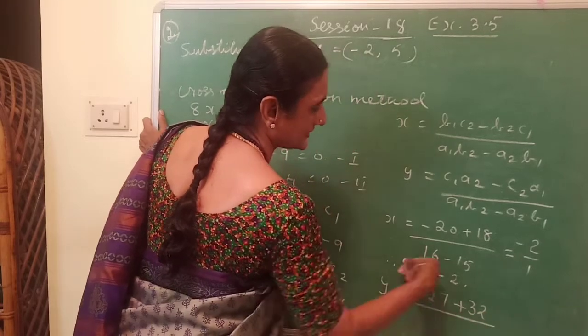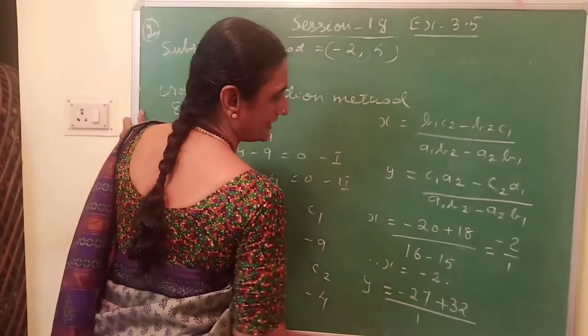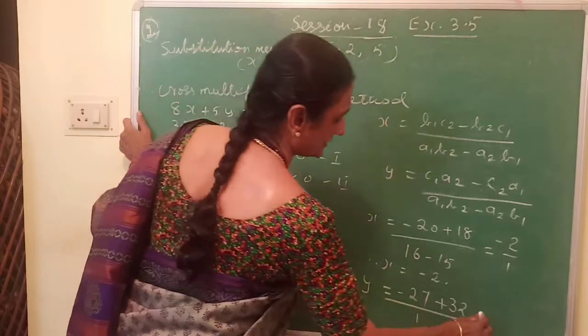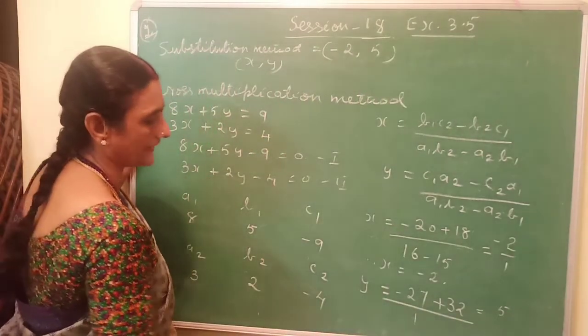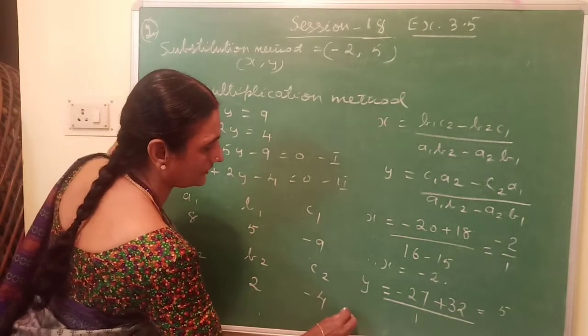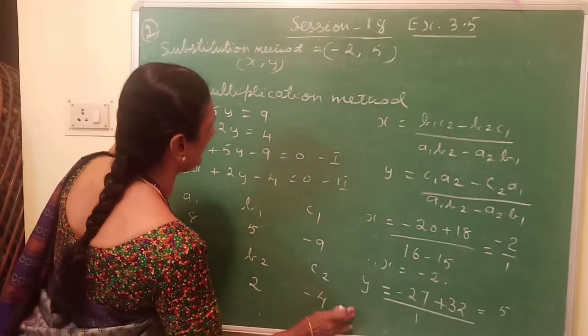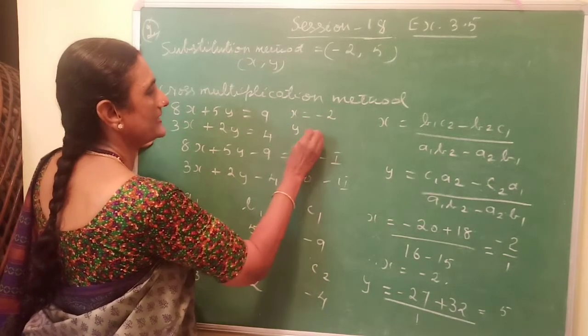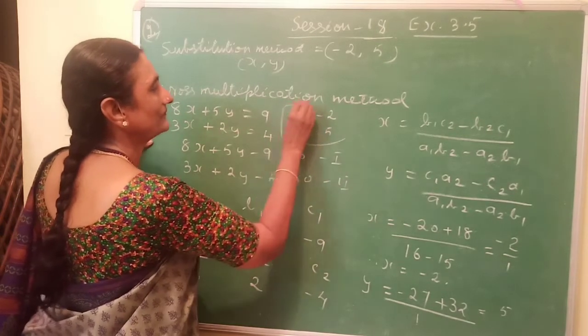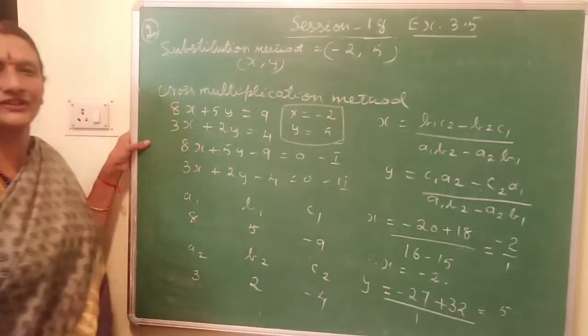And divided by 16 minus 15 will be repeated. So this value on subtraction gives you plus 5. So y is equal to plus 5. So what is your x and y value? x is equal to minus 2, y is equal to 5 is the solution for this.